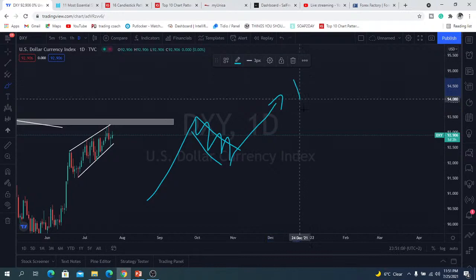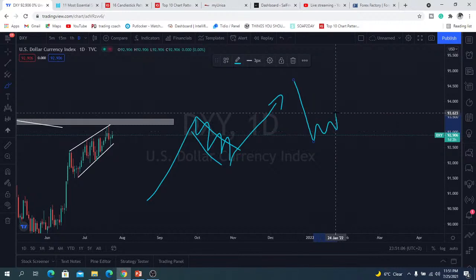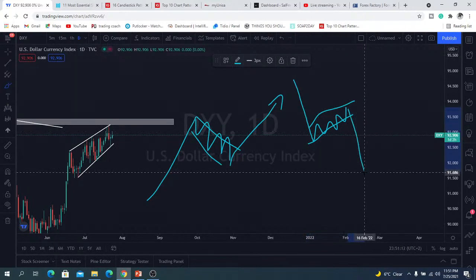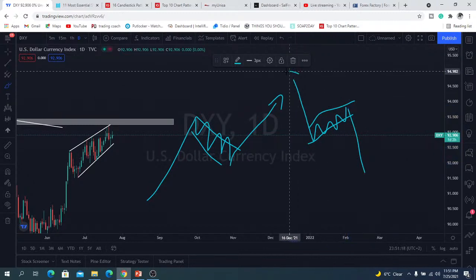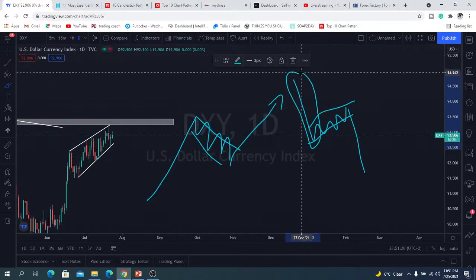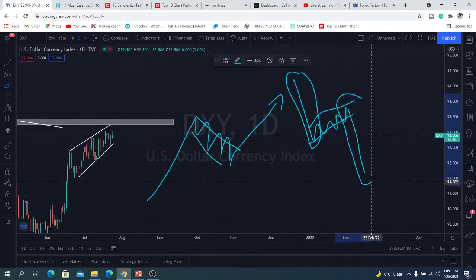And if we have an impulse move to the downside and then the correction is this way, then we are looking for possibilities to the downside again. So what I teach most of the time is that this leg right here needs to be equal to this leg right here.